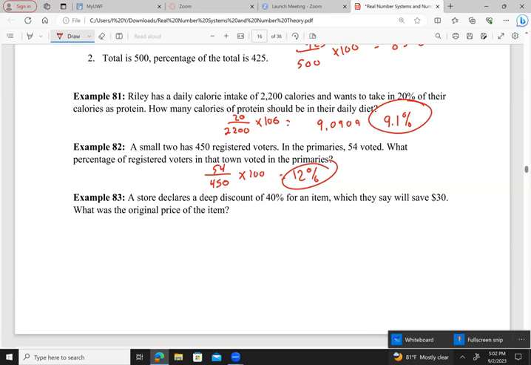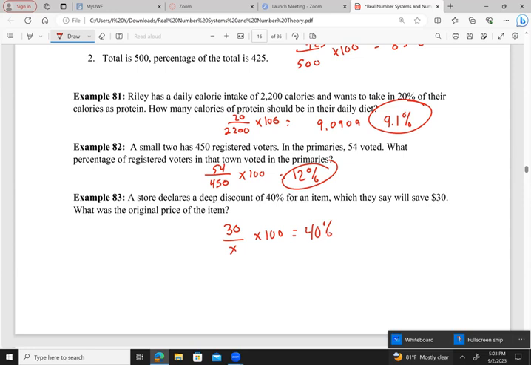A store declares a deep discount of 40% for an item, which they say will save $30. What was the original price? So we don't know the original price. But we know the part, and we'll just call the unknown x times 100 equals 40%.